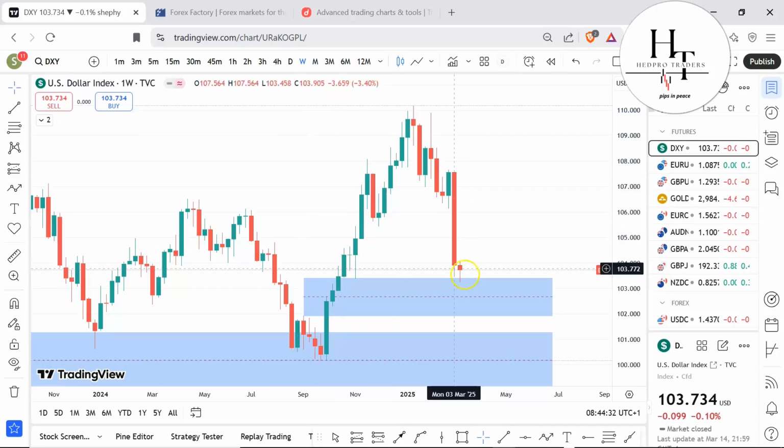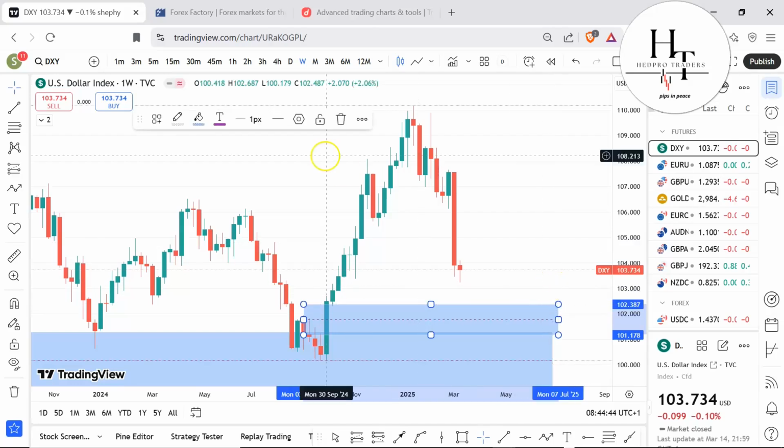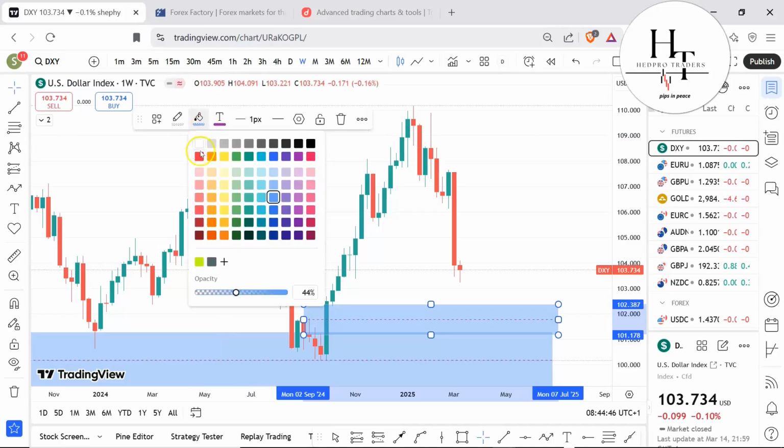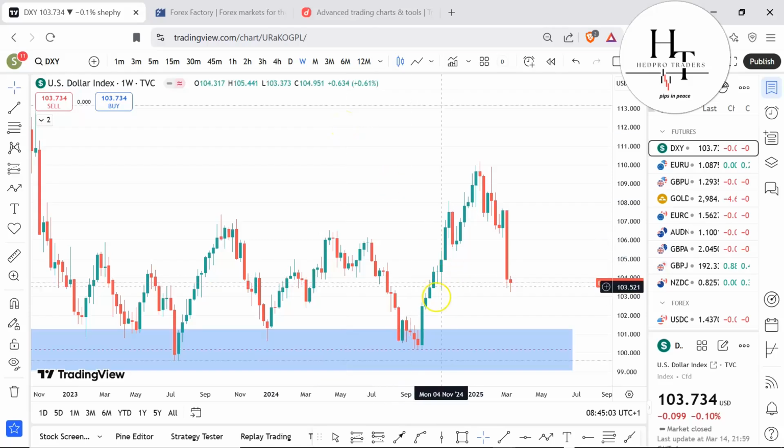But if price trades below it, then we are looking at price heading into this zone on the weekly. There's a fair value gap here. You could see price heading here, but I'll be looking at how price will react around that balanced price range on the monthly time frame.